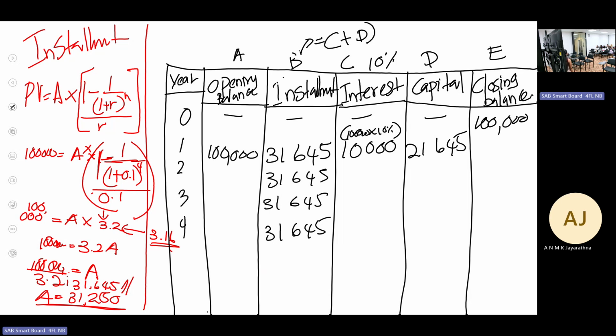What would be the closing balance? 78,355. That would be the opening balance of second year.